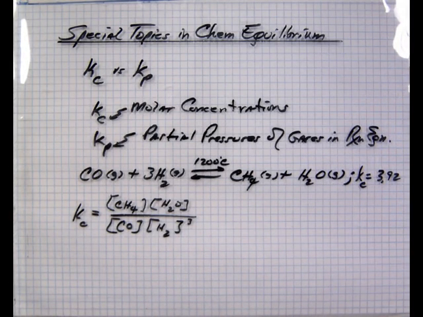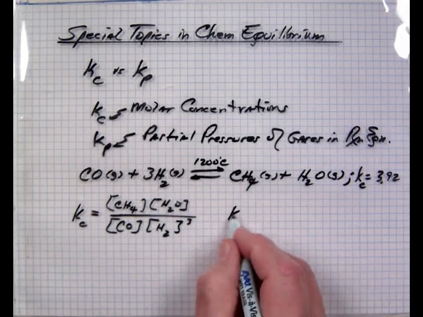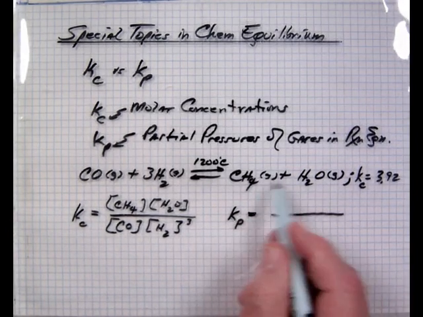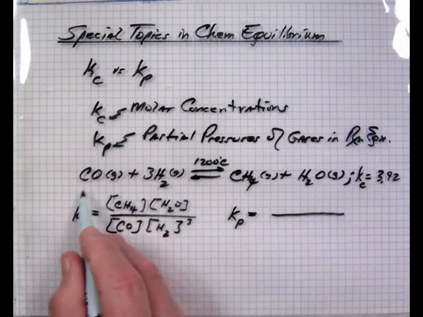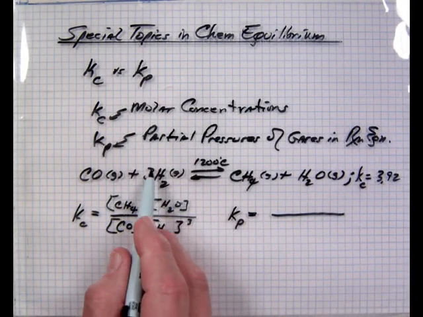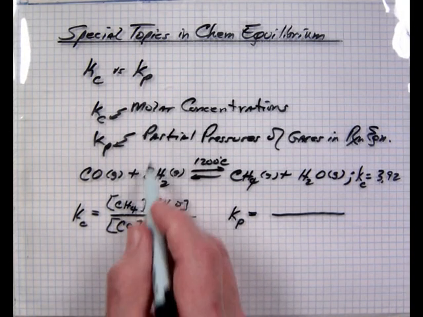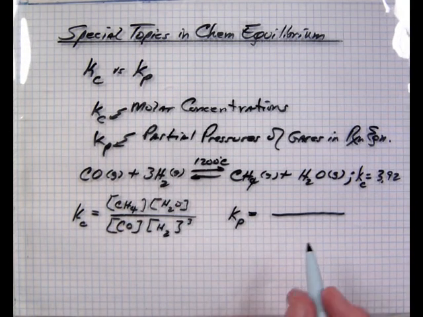You can write the same expression in terms of partial pressures, which would look like this. Kp, product partial pressures over reactant partial pressures raised to the cube power, or the third power, because hydrogen has a coefficient of 3.